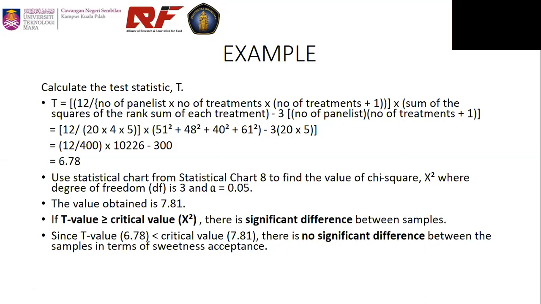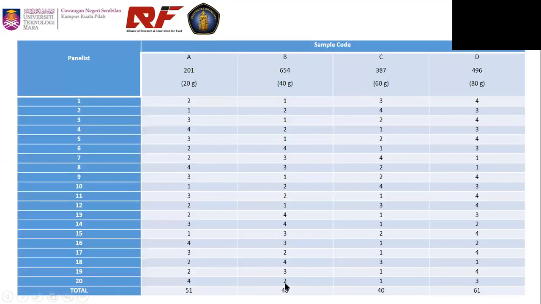So what is the conclusion here? If you look at here, we have 4 formulations of cake. The first formulation used only 20 grams of sugar, followed by 40 grams, 60 grams, and 80 grams of sugar. If the question asks you, from the rank sensory analysis, is there any difference between samples?